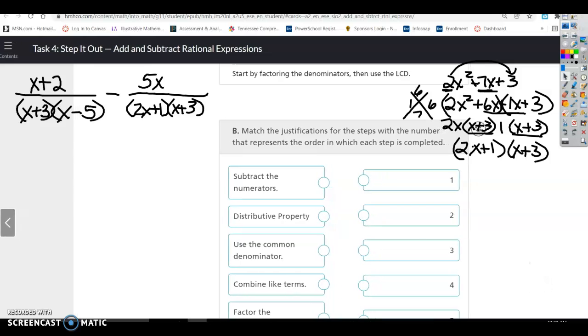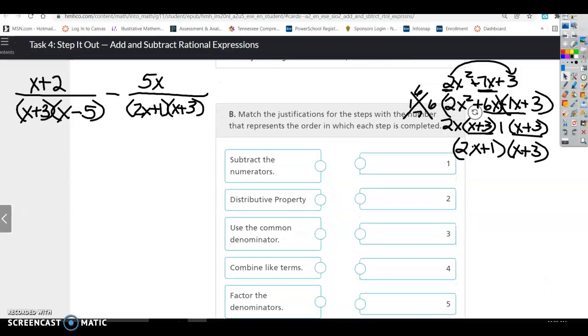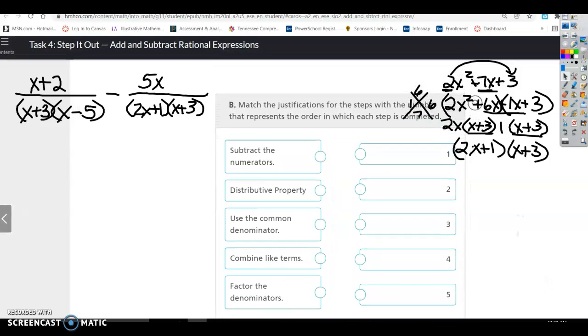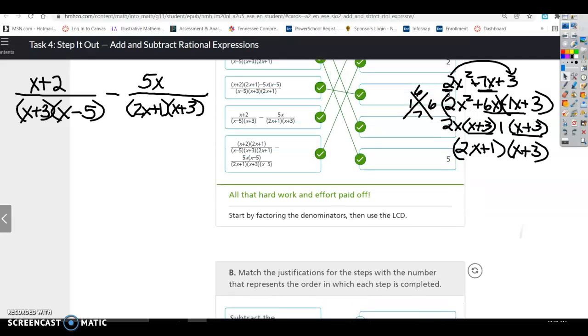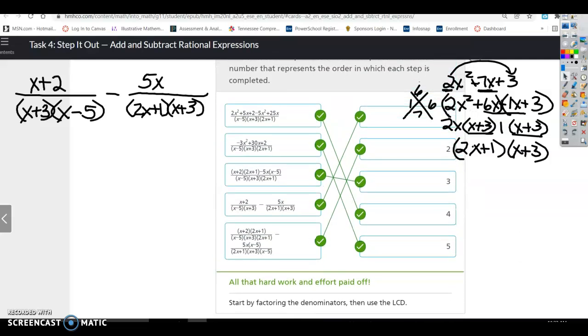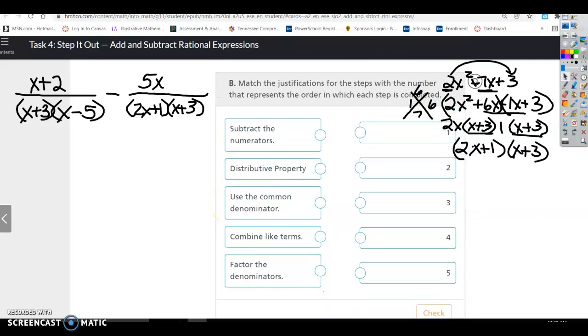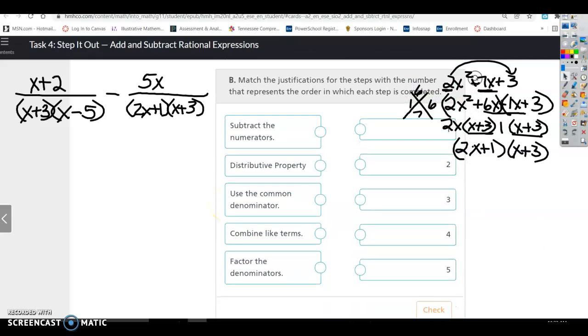All right, match the justifications for the steps with the number that represents the order in which each step is completed. So what did they do first? Step 1 was right here. The first thing we did, I would think, would be get a common denominator.